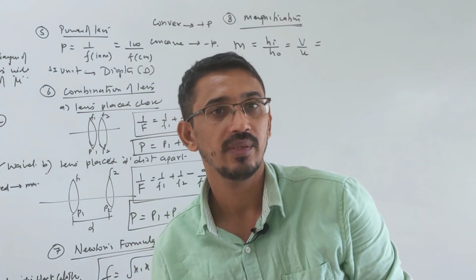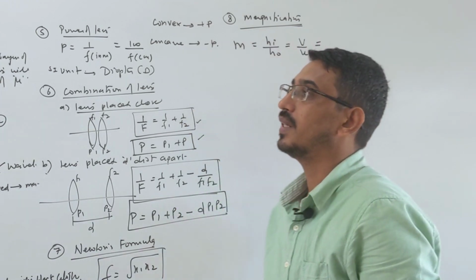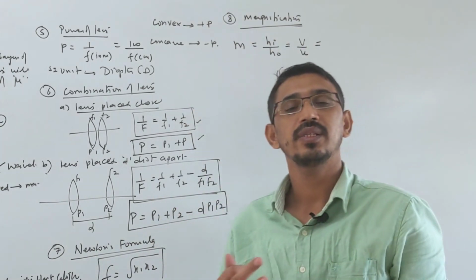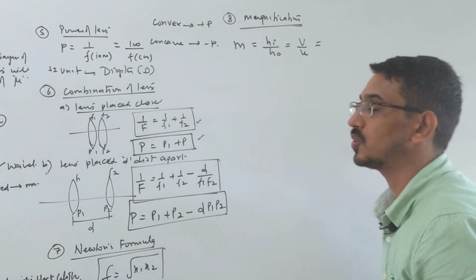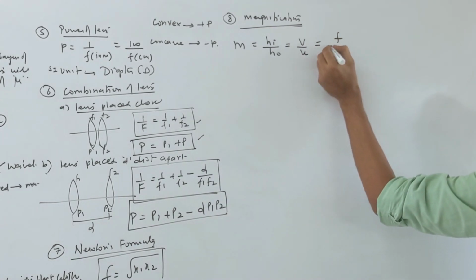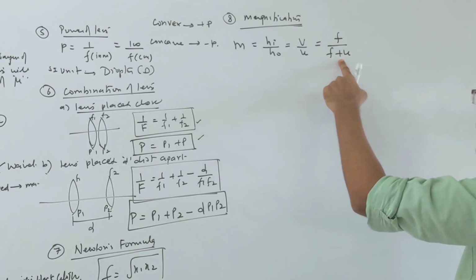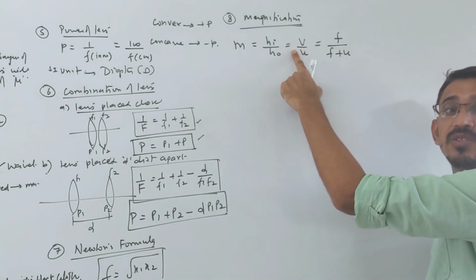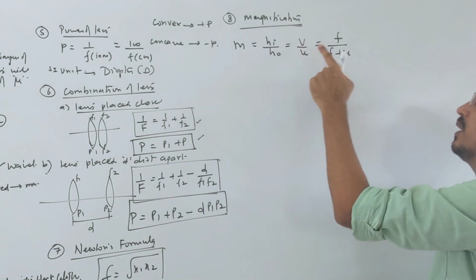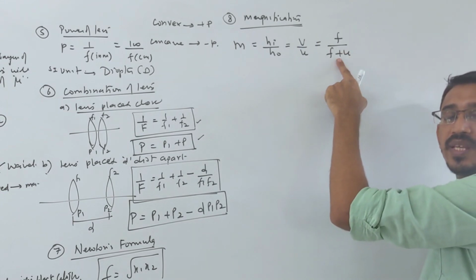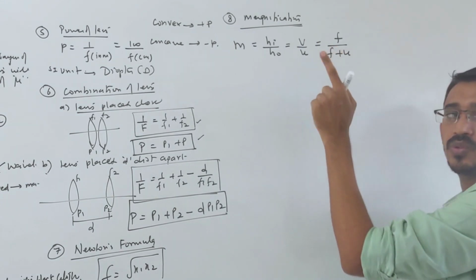There was a negative sign there, so you don't write it here. Then you wrote in terms of focal length and object distance. Same here also, f by f plus u. This is the change here. There was a minus sign in case of the mirror. Here no minus sign. Here it is a plus sign. So small changes here, do not confuse.